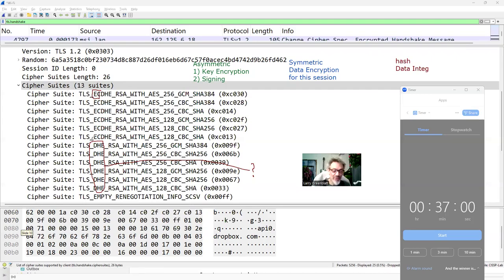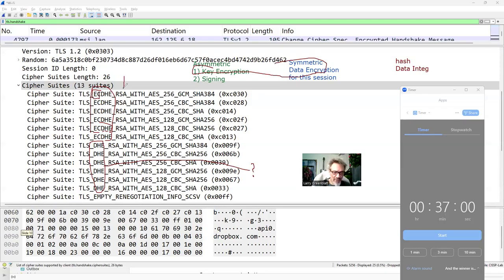Because if it is vulnerable, then why is the elliptic curve version of a Diffie-Hellman exchange okay? Because it doesn't authenticate either. Don't get too detailed. The point is, these are used for key encryption. They're just going to encrypt the data symmetric key.